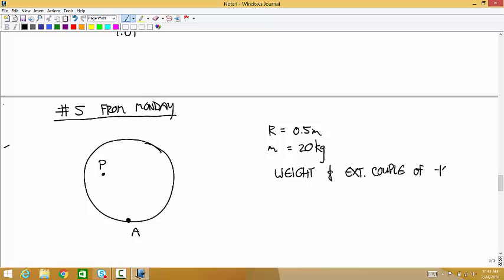Of negative 100 Newton meters act. And at this instant, this already has an angular velocity of negative 2.5 radians per second.